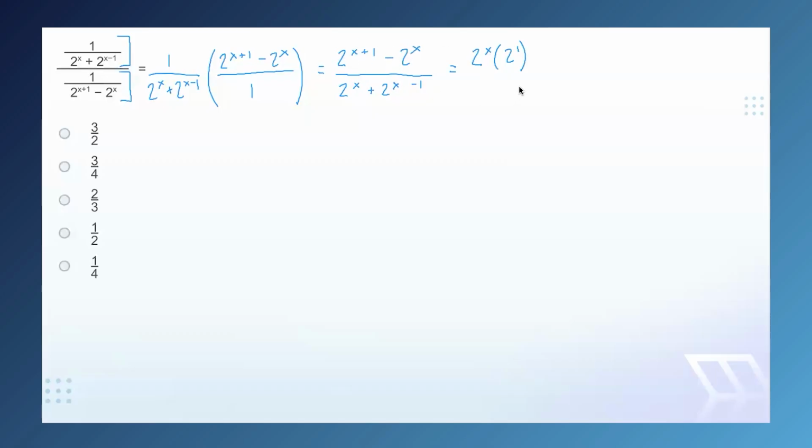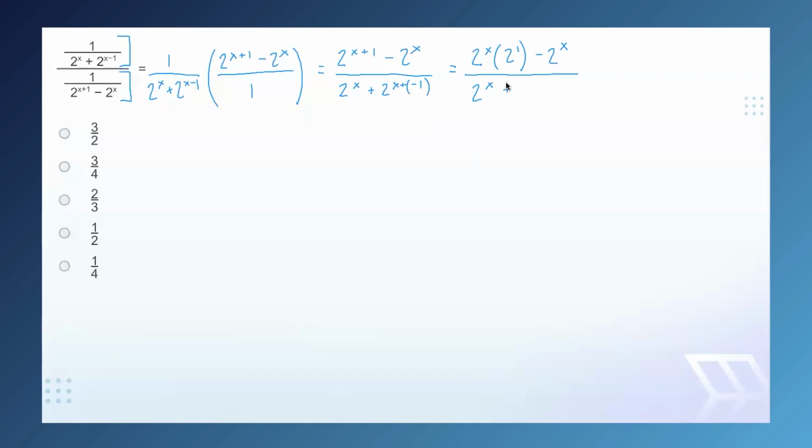This is valid. All right, continuing on with my math, I'm going to do the same thing to the complex exponent in my denominator. So my denominator has 2 to the x minus 1 in it. Now, rather than use my quotient rule and introduce another fraction, I'm going to instead treat this as 2 to the x plus -1.